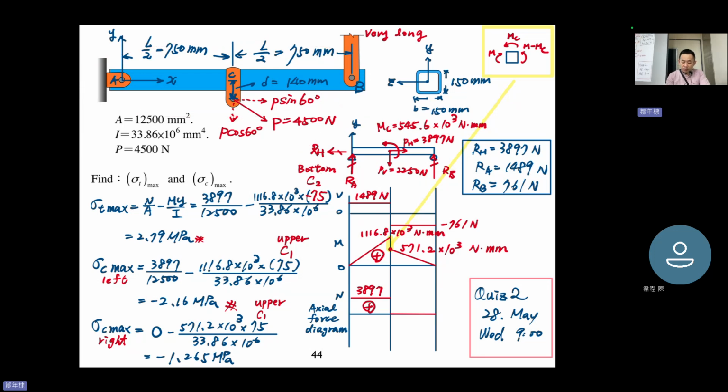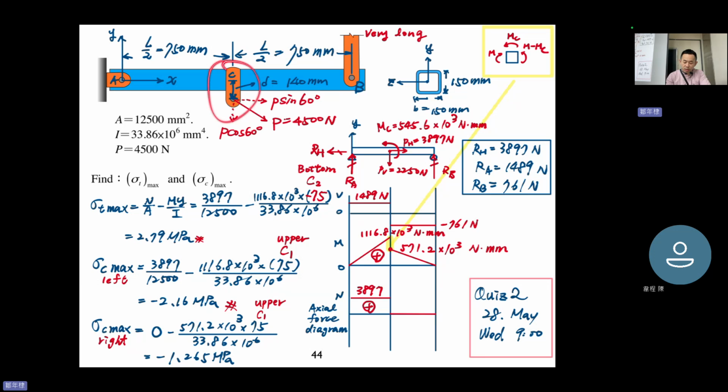Okay, and the most important thing here is that you have an oblique force acting at this small distance. This small distance will cause a moment. All right, so you can move the P sine 60 and P cosine 60 to C, no problem, but you need to add the caused moment.